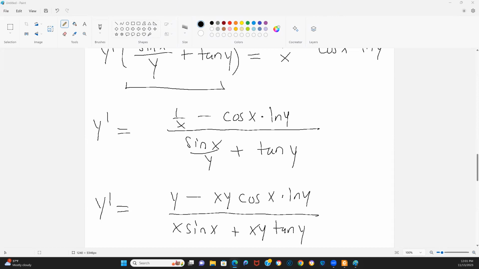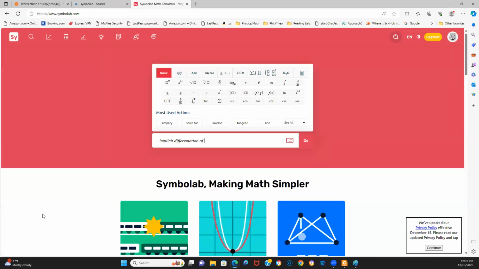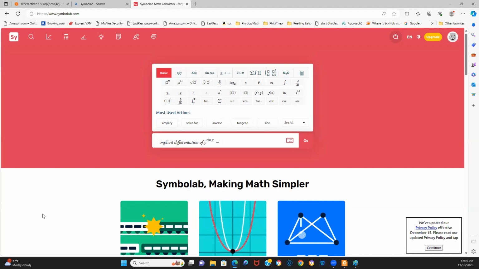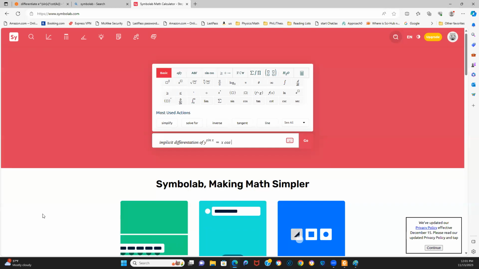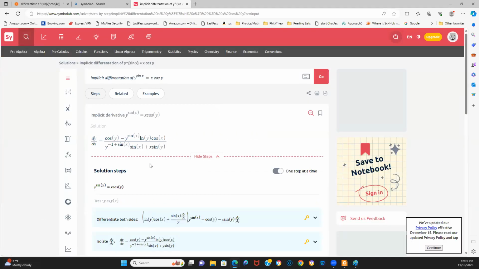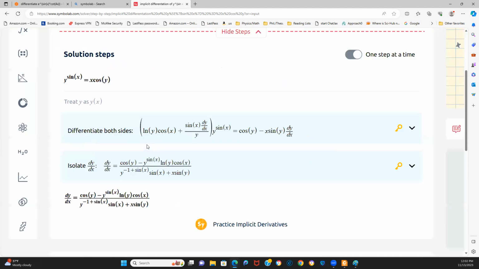So we want to do implicit differentiation of y raised to the sine x is equal to x cosine of y. Let's see if I can figure this one out. Hmm. It's a little different.